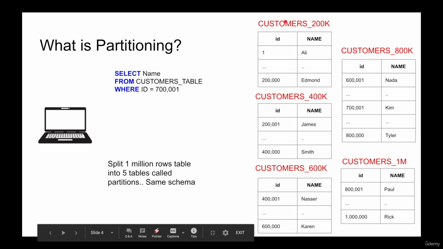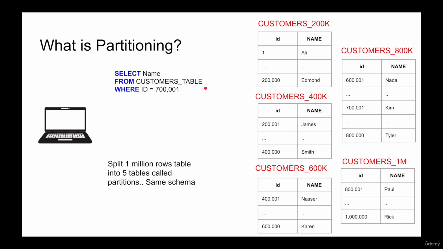So now what I do is I'm going to do the same exact query. Select name from customers table where ID equals 701. And the first question, when I send that query, is: where does this ID exist? And that's a very quick check by the database. It's like, 701, which table should I query?